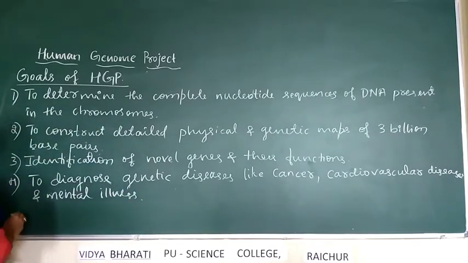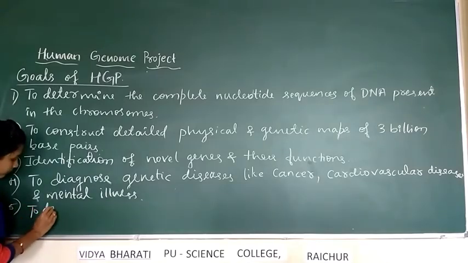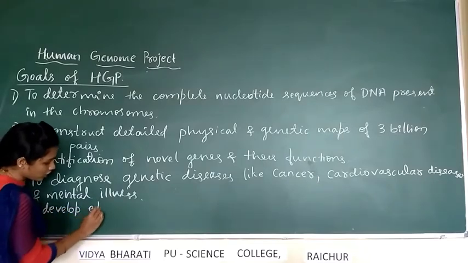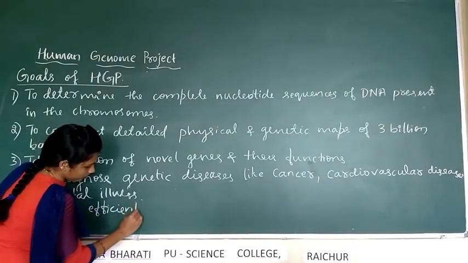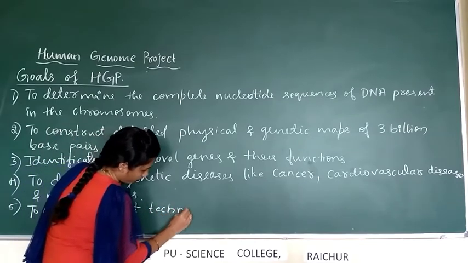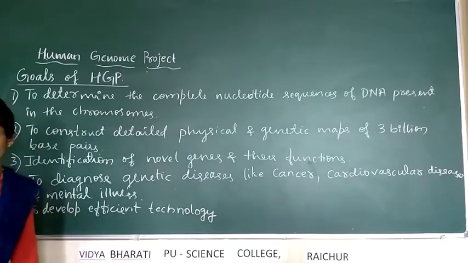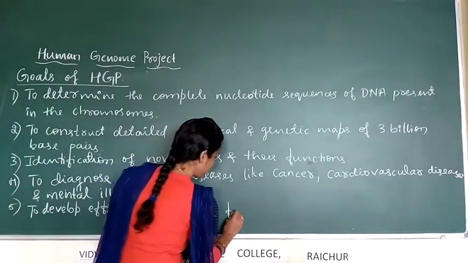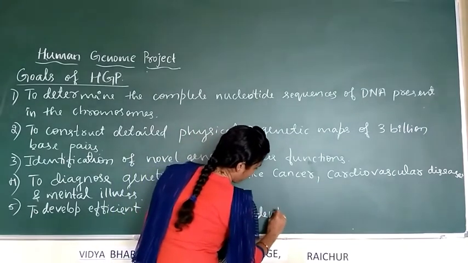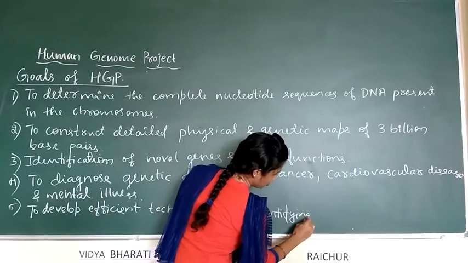You can also study about autoimmune diseases. Then the next goal of the Human Genome Project is to develop efficient technologies for identifying genes.